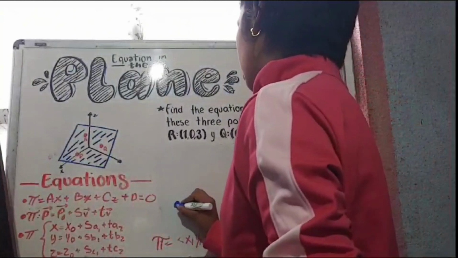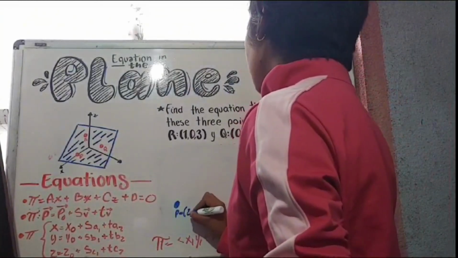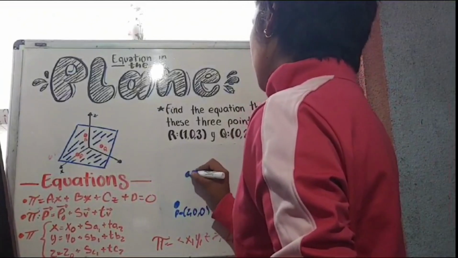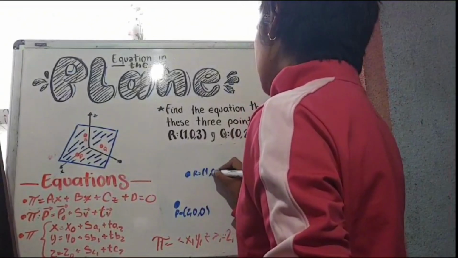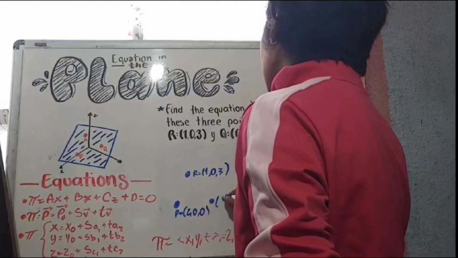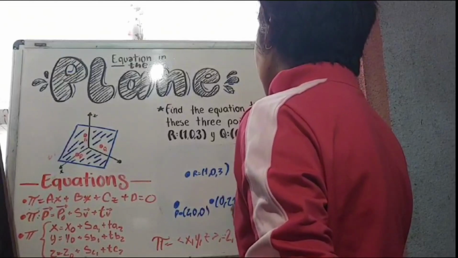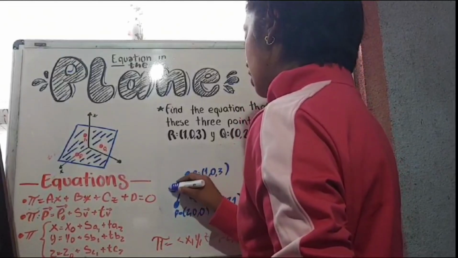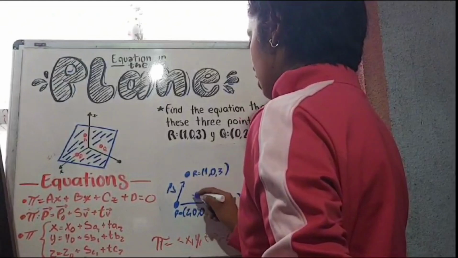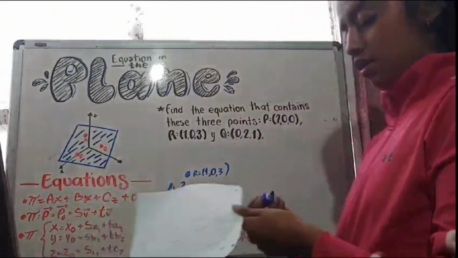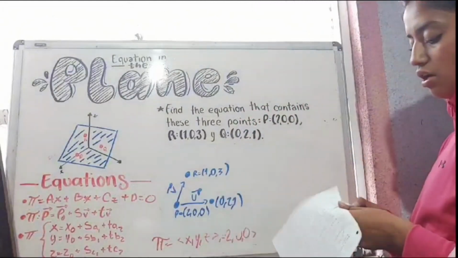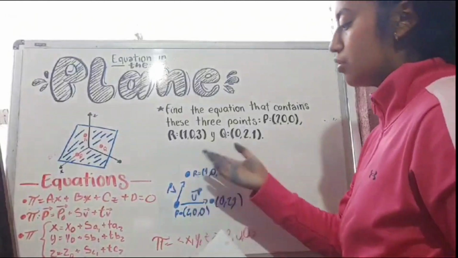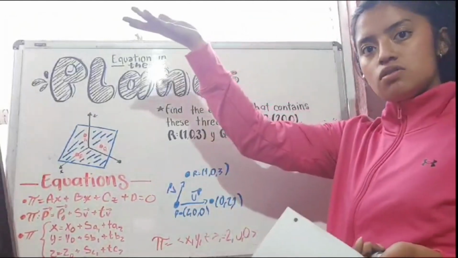Letter P is 2, 0, 0. Letter R is 1, 0, 3. Letter Q is 0, 2, 1. The first vector is letter V, and the second vector is letter U. Remember, the vector is calculated as final minus first.